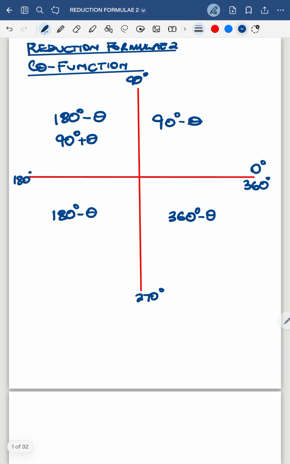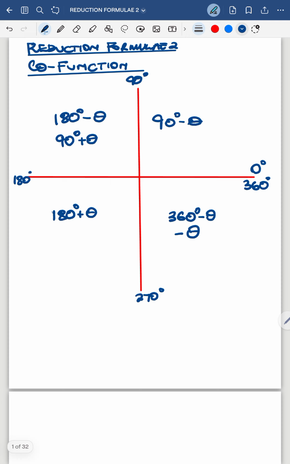In the first quadrant we have 90 degrees minus theta. In the second quadrant we have 180 degrees minus theta and 90 degrees plus theta. In the third quadrant we have 180 degrees plus theta. In the fourth quadrant we have 360 degrees minus theta and also negative theta. That's what we said.